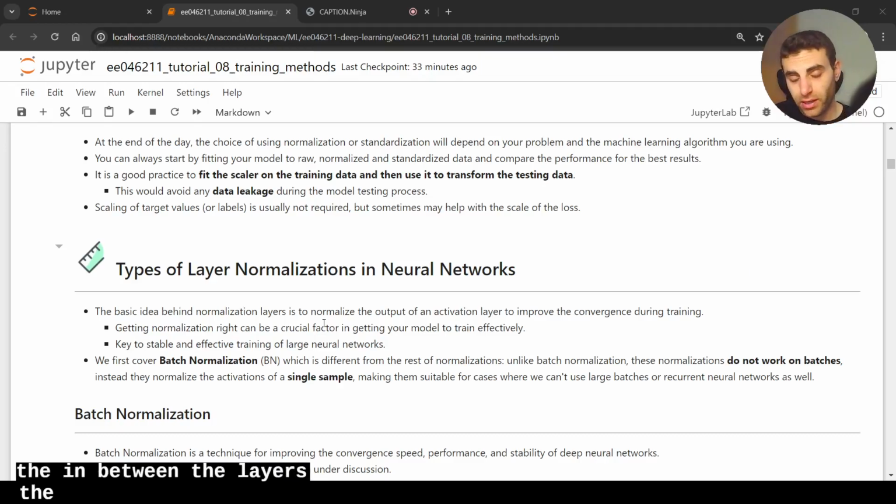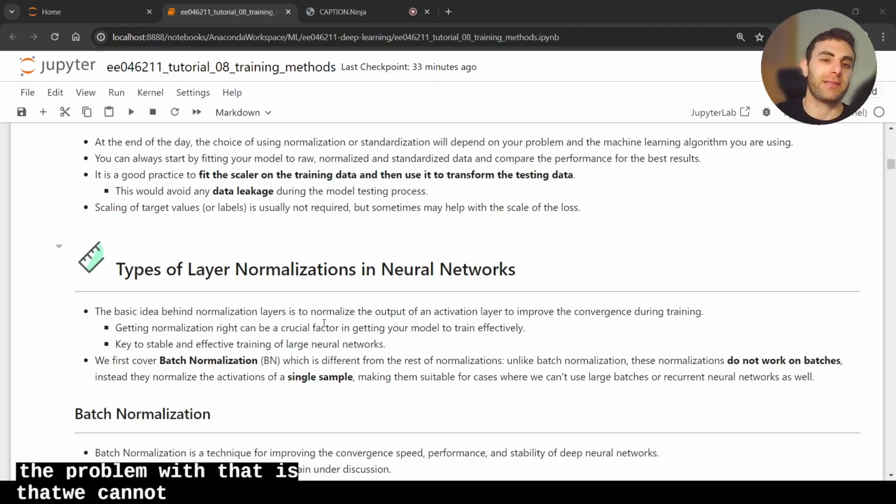The problem with that is that we cannot apply the same standardization or normalization we talked about with regards to the input, because at train time we are using different batch sizes, and since we apply the normalization on learned activations, these statistics will change in each iteration, and we can't calculate it on the entire dataset because we work in batches. So we can't apply the same techniques, so we need to do something different.